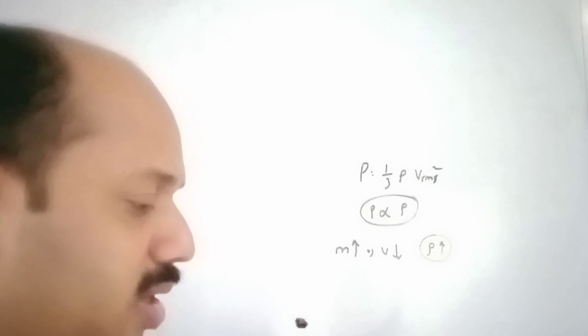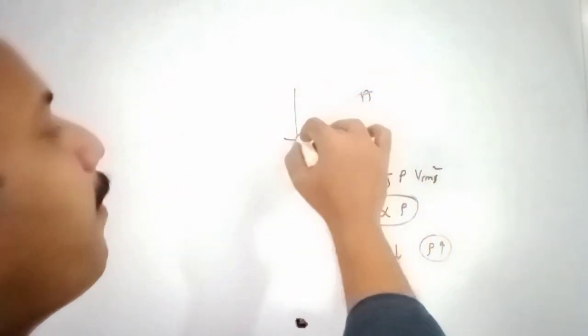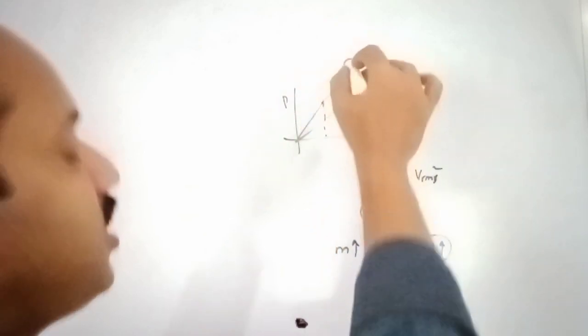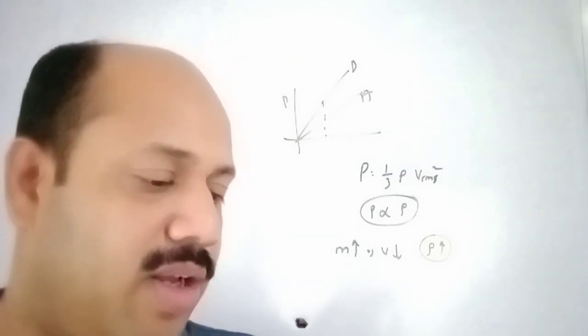Therefore the graph should be the given graph A, more value, like this. Therefore this answer is B, 2 is the right answer, right?